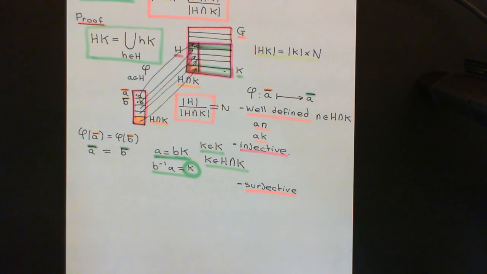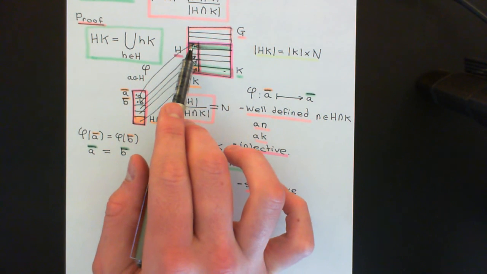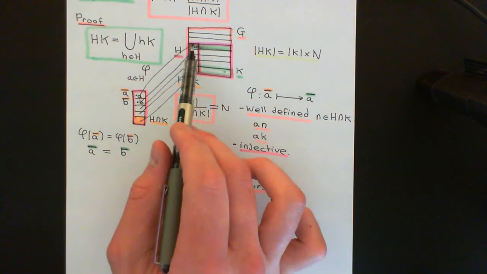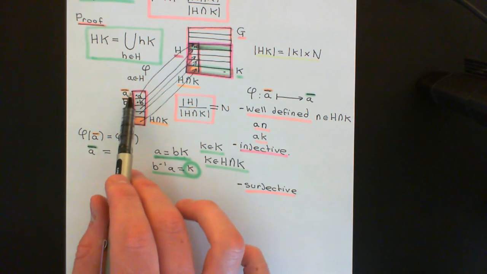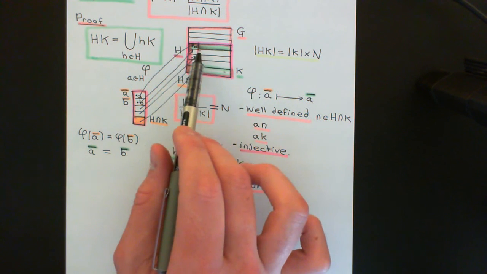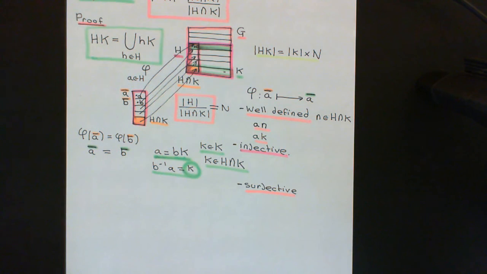Why is that going to be the case? Well, any coset over here of K that contains an element of capital H will indeed contain an element of capital H. Okay, that element of capital H will be in one of the cosets here, and that coset will then be mapped onto that by this mapping, because just look at the way the mapping is defined.